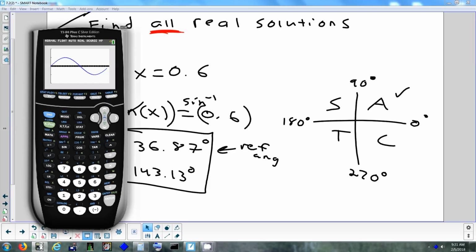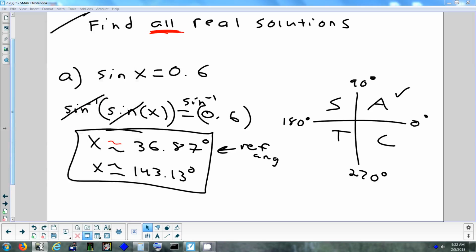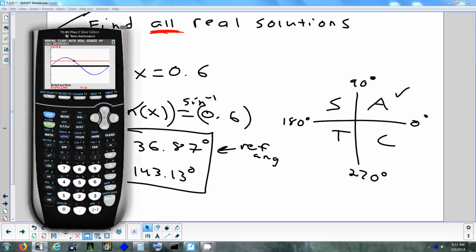We're going to see the horizontal line in a second. And now what would we calculate to get the two answers? Calculate the intersection. So second calc, intersect. I'm closer to the second one, so I'm just going to do the second one. And we know we got the second one from the first one. So if this is right, then the first one is probably right too. 143.13. And then if you calculate the other one, it will be 36.87 right there.